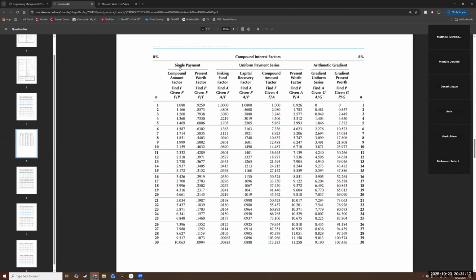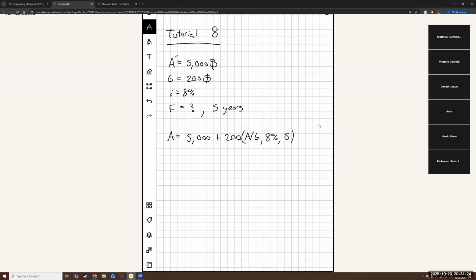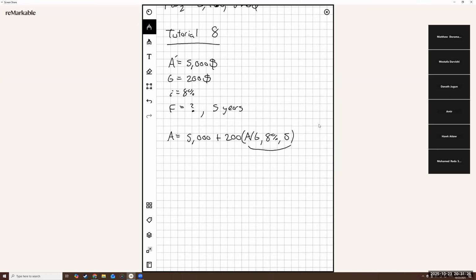So 8%, year 5, A/G is 1.846. The A value then is $5,369.20.